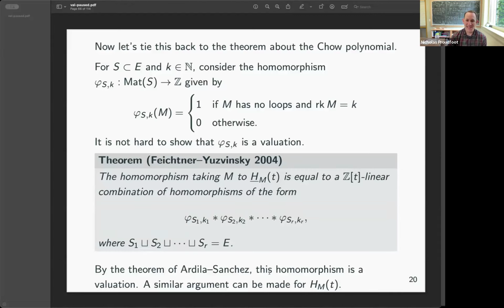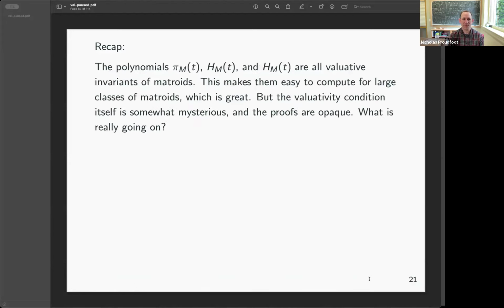So by the theorem of Ardila and Sanchez, this homomorphism is a valuation, and you can do something similar for the augmented Chow polynomial, the augmented Chow ring. So that's one way to prove that these are both valuative invariants.